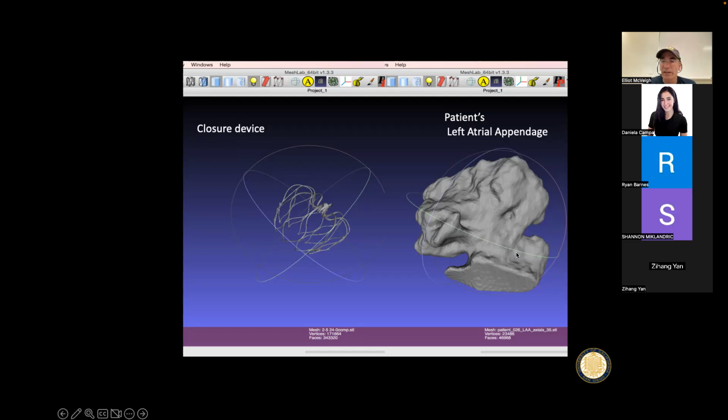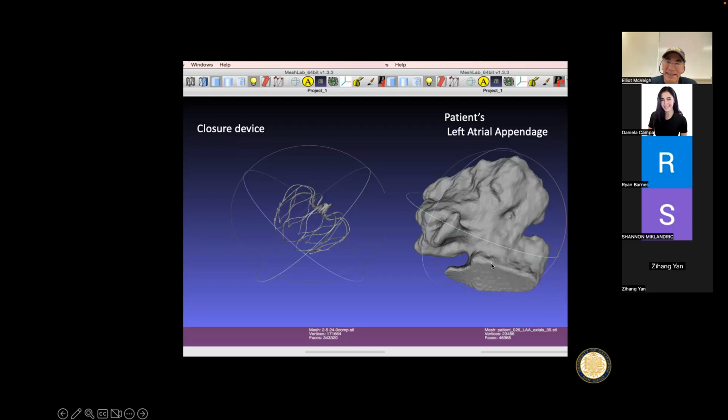In folks who are in atrial fibrillation that they can't get out of through drugs, and they seem to be at a high risk of having a stroke through the CHA2DS2-VASc score, they'll put a device. This doesn't show the cloth covering of this device.